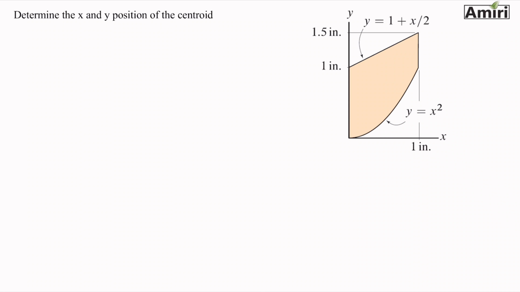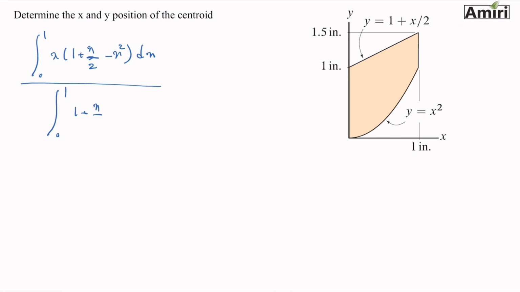All right, let's do this integral. For the y, I'm going to skip it. So I'm going to write it a little bit nicer and go through it a little bit faster. x times 1 plus x over 2 minus x squared, dx. All right.